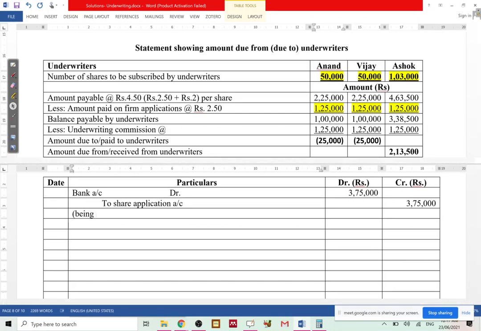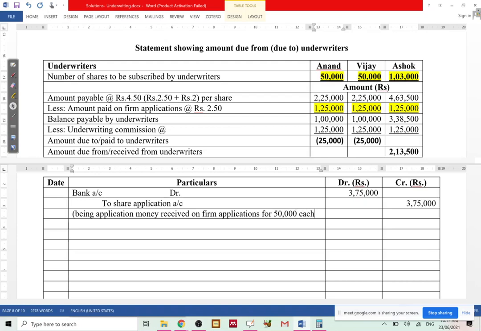What exactly is this? So, this is application money which has been received, not on all the shares. The balance we have not yet received, this balance payable, but only for firm applications, these underwriters have already paid the application money, right? So, received on firm applications for how many shares?